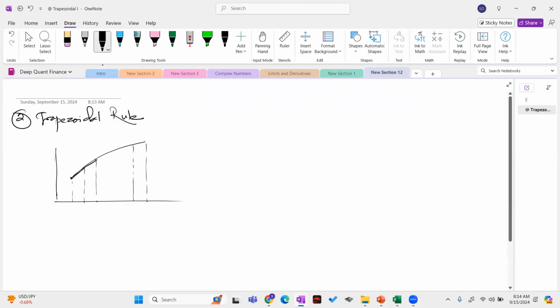There has to be four sides: side 1, side 2, side 3, side 4. That's all. So this is x0, x1, x2, xn minus 1, xn, and y0, y1, y2, yn minus 1, yn. The area of this first trapezium is, I can just directly write, h by 2 times the sum of parallel sides, which is y0 plus y1.